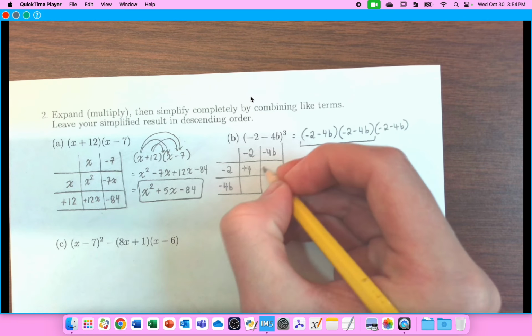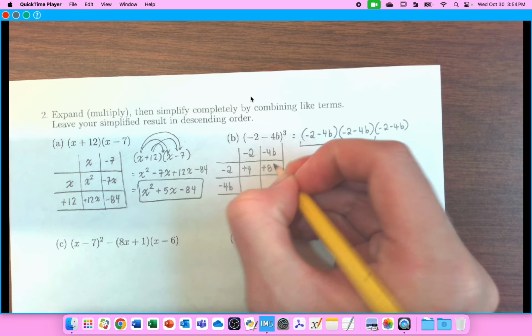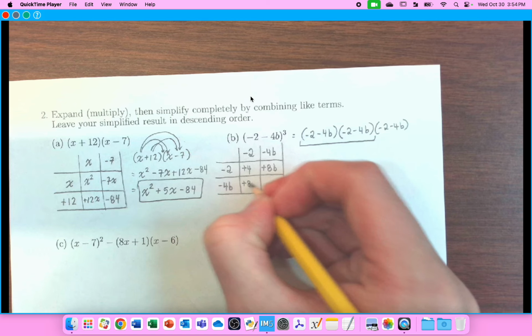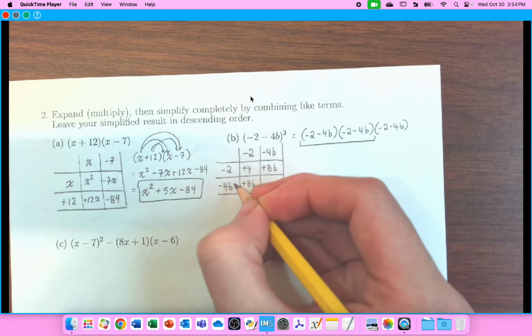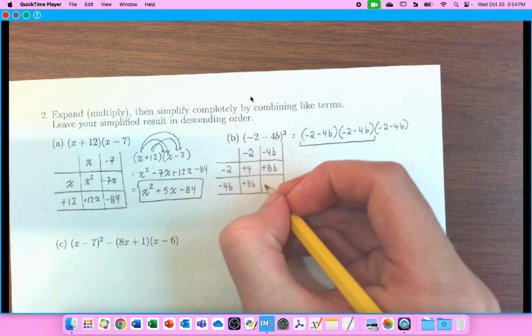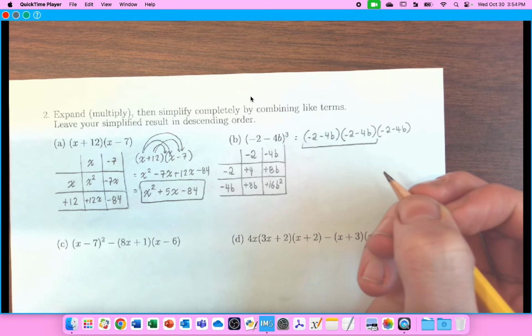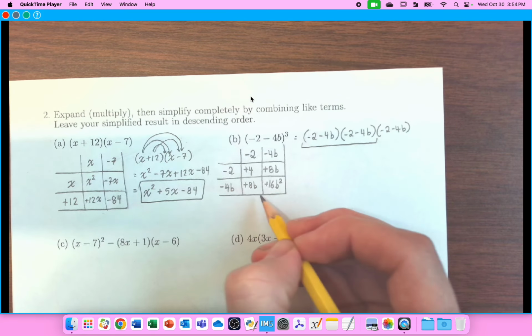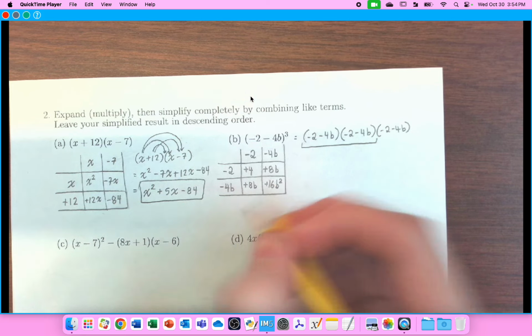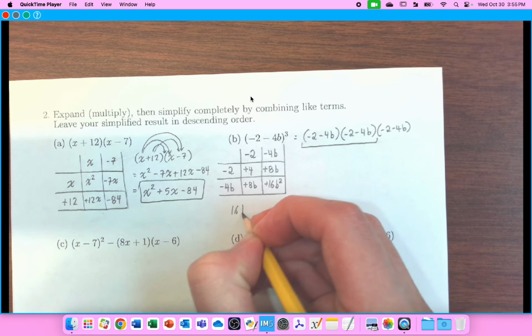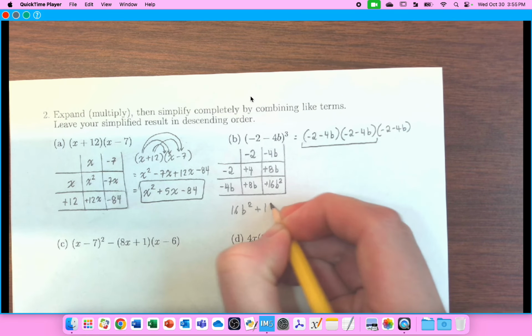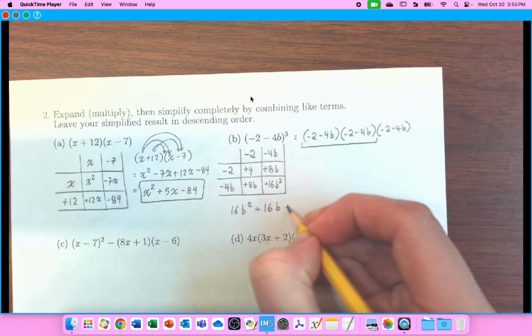Positive 4, positive 8b, positive 8b, positive 16b squared. So if I had to write that out, that would be 16b squared plus 16b plus 4.